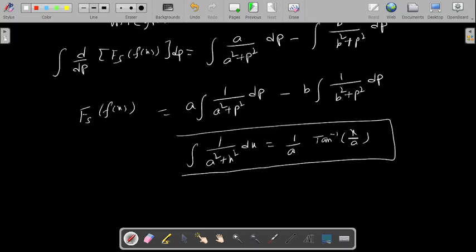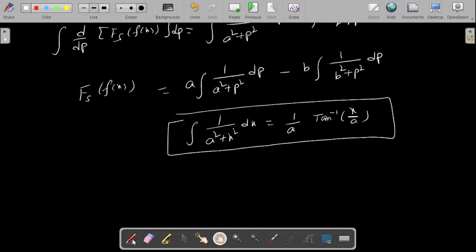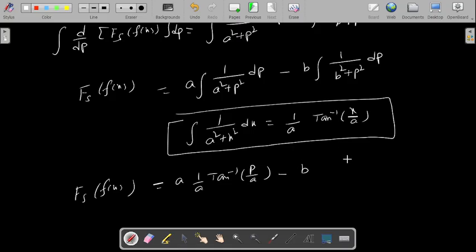So based on this, Fs of f of x is equal to a into 1 by a tan inverse p by a, minus b into 1 by b tan inverse p by b.